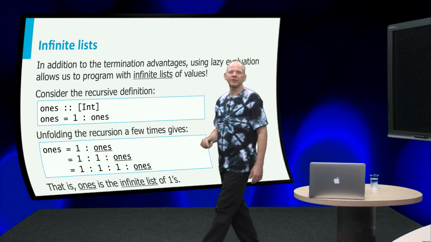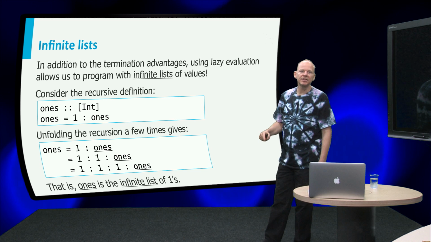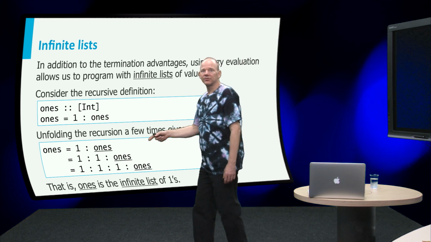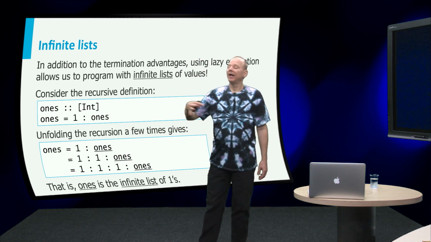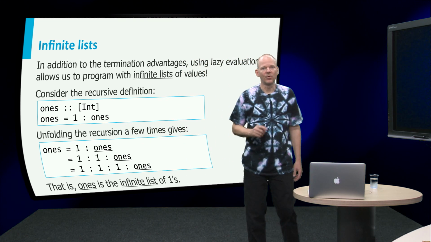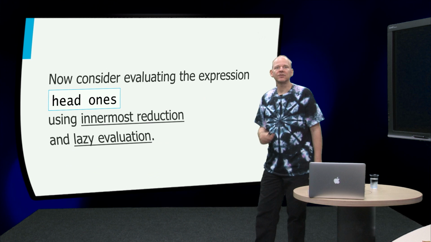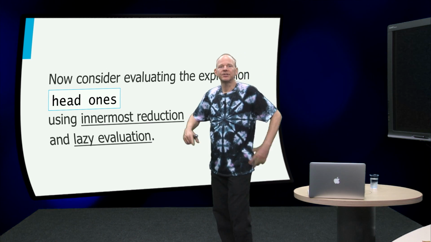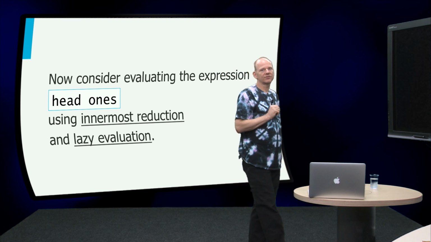So let's unfold the recursion a couple of times. So we see that ones is ones cons ones. Unfold it again, so we get ones cons ones cons ones, etc., etc. So ones is an infinite list of ones.